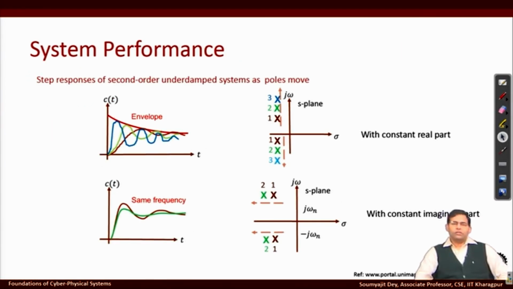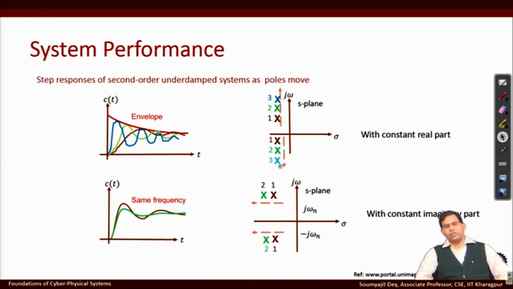Now, let us say you have this curve here of the oscillations, and you are trying to understand how the nature of this curve changes based on the position of the poles. Suppose the negative real part is constant, and your poles are located at these positions 1, or 2, or 3.